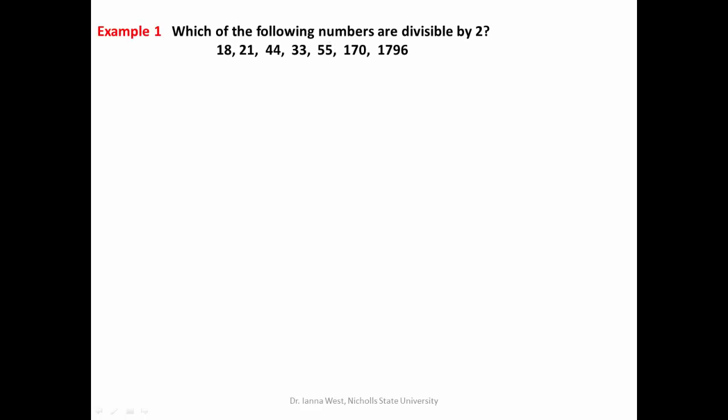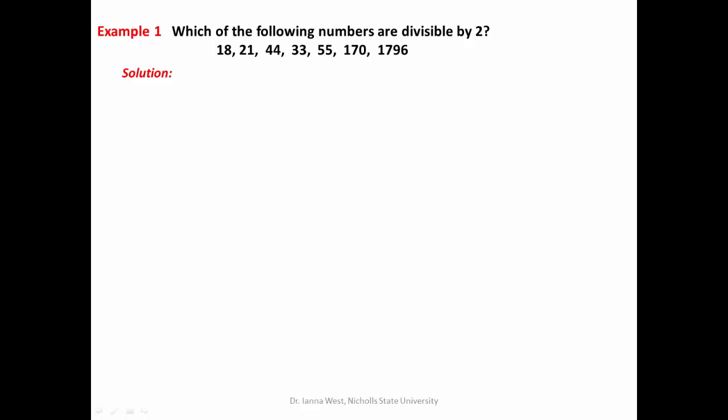We will now look at 3 examples in which we will apply the divisibility test. For our first example, which of the following numbers are divisible by 2? According to the first divisibility test, a number is divisible by 2 if the last digit of the number is divisible by 2. The digits that are divisible by 2 are 0, 2, 4, 6, and 8.